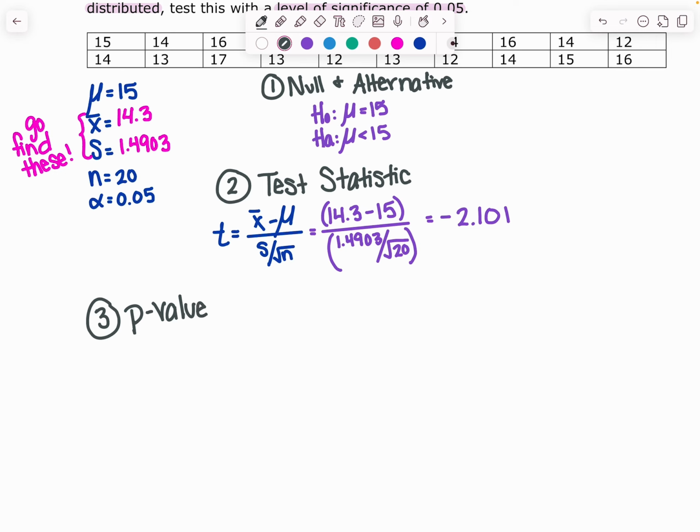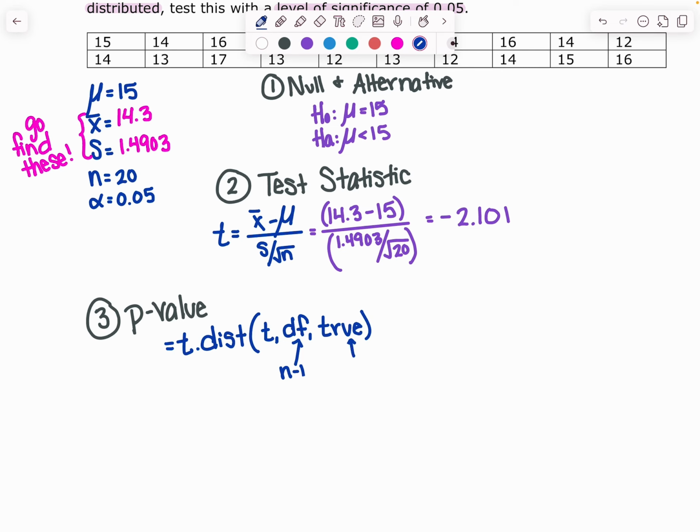So then our p-value, now we're going to use t.dist. There's nothing after the t.dist when we have a less than, a left-tailed test. We're going to do the t, our degrees of freedom, and then we have to put the true in here. Degrees of freedom, reminder, is n minus 1.